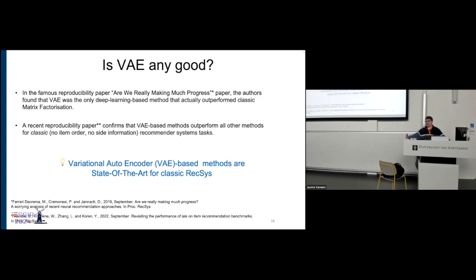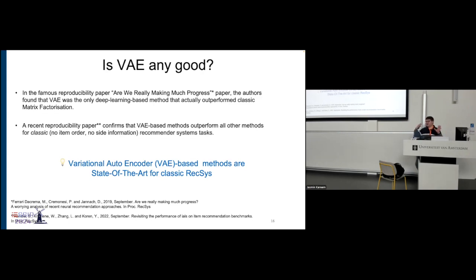They said, okay, yes, actually, a variational autoencoder achieves better results. A very recent paper from Rendle, Krichene and other people from Google also analyzed many papers. They were focused on a somewhat different task, but they also found that one of the variations of the autoencoder models is indeed the best you can do these days for classic recommendation.